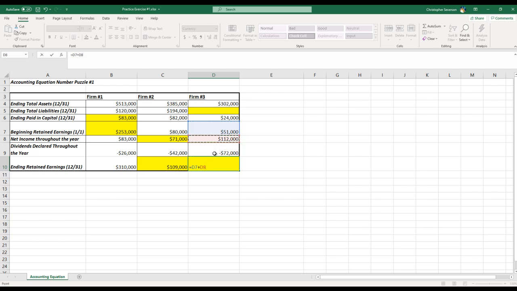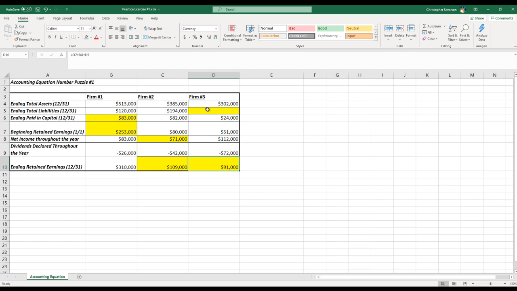Now we're already subtracting this number. We already have a minus in there. So I'm saying plus a minus. Basically, you want to make sure that $72,000 gets subtracted however you look at it. The ending balance has to be $91,000. And again, if I grab these three cells, sure enough, it's $91,000. Always double check that to make sure you didn't get something reversed the wrong way.